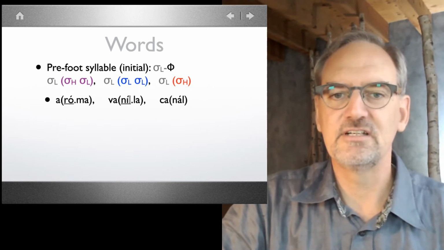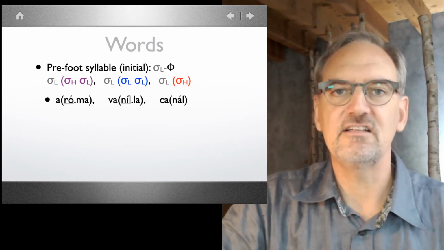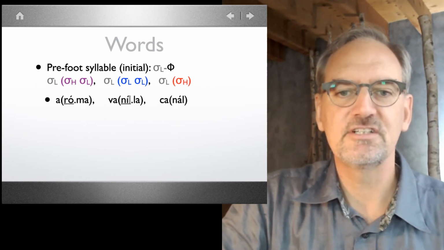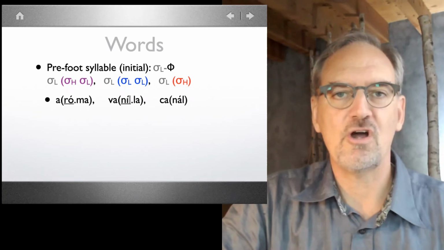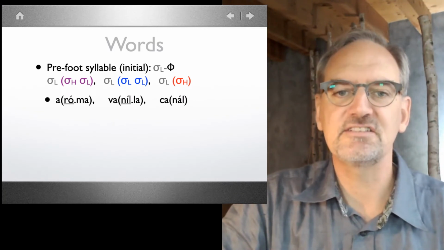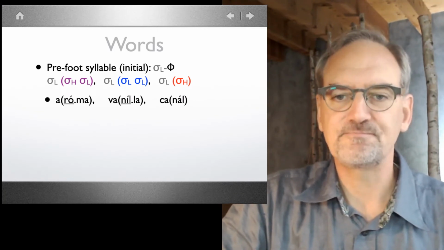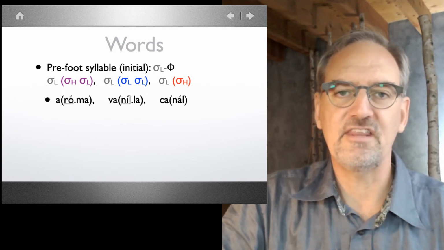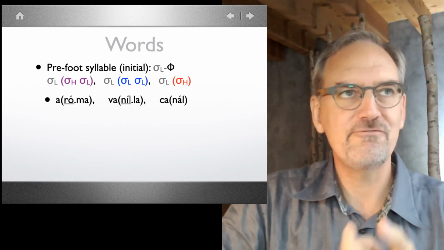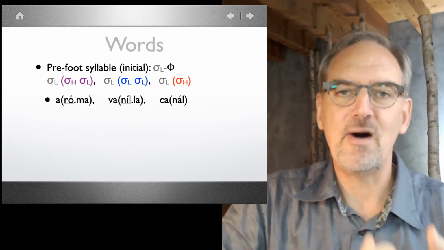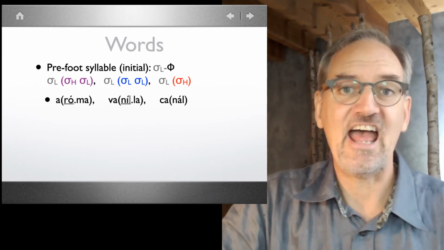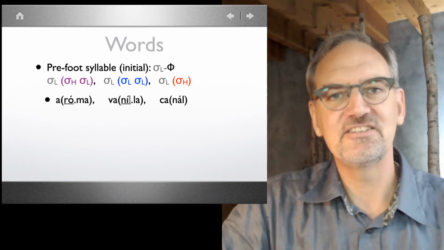Or vanilla. In vanilla, ni-la, there are 2 light syllables. Still, the first one is the strong syllable, so it gets stressed. We get vanilla. Or when the pre-foot syllable comes before a monosyllabic foot, like in canal, right?